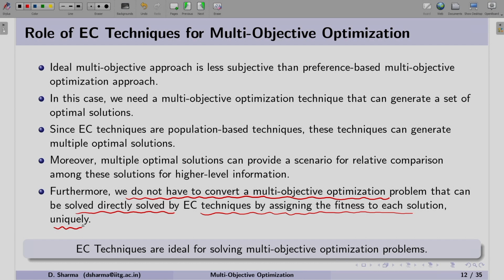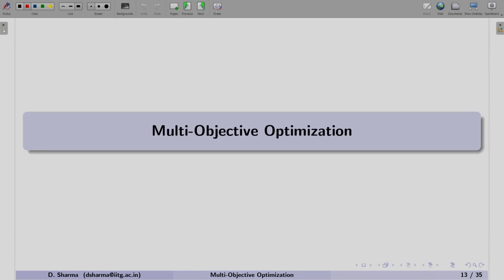Since EC techniques are population-based, if we work on assigning the fitness to the solutions, then EC can be the best choice for solving multi-objective optimization problems. Therefore, EC techniques are ideal for solving multi-objective optimization problems.